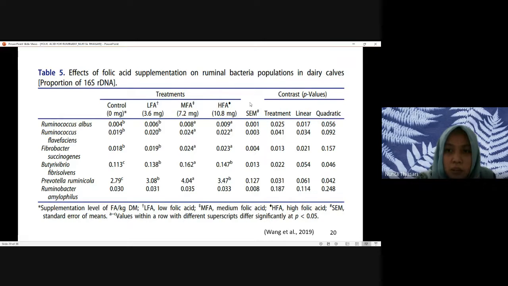But in the adult animal, it seems they are able to synthesize enough to fulfill the requirement. But I think I have to check again. Thank you.